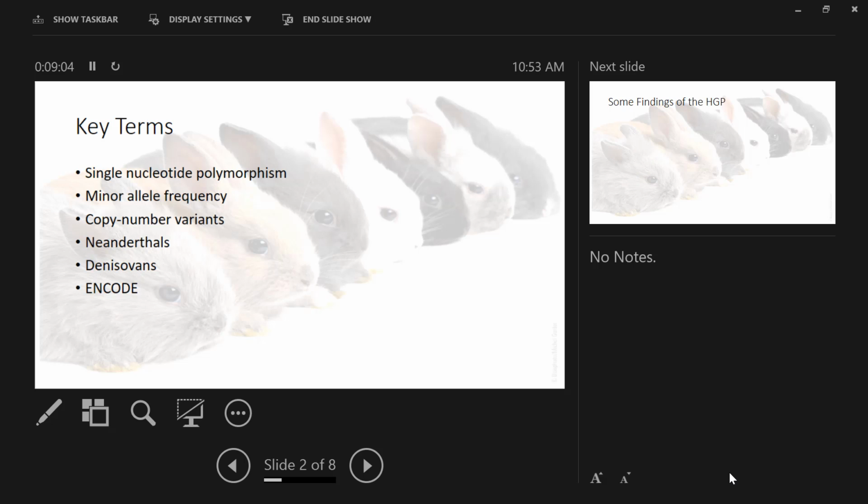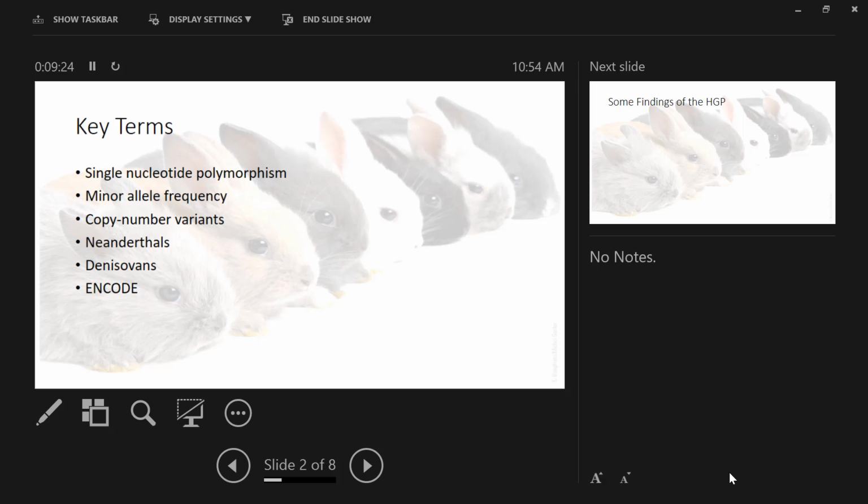All right, the last key term, ENCODE. So ENCODE was basically a project similar to the Human Genome Project, but rather than being tasked with sequencing the human genome, it was tasked with figuring out what the human genome actually does.